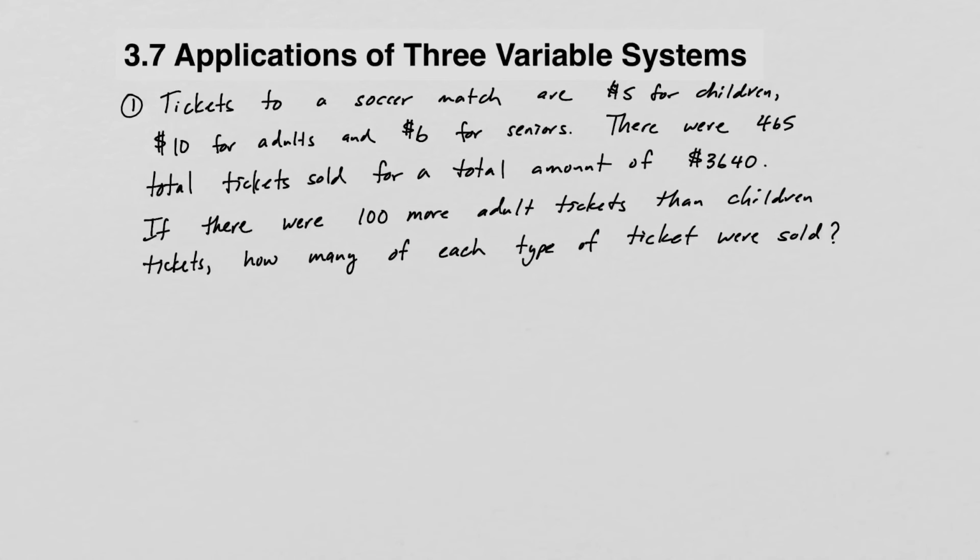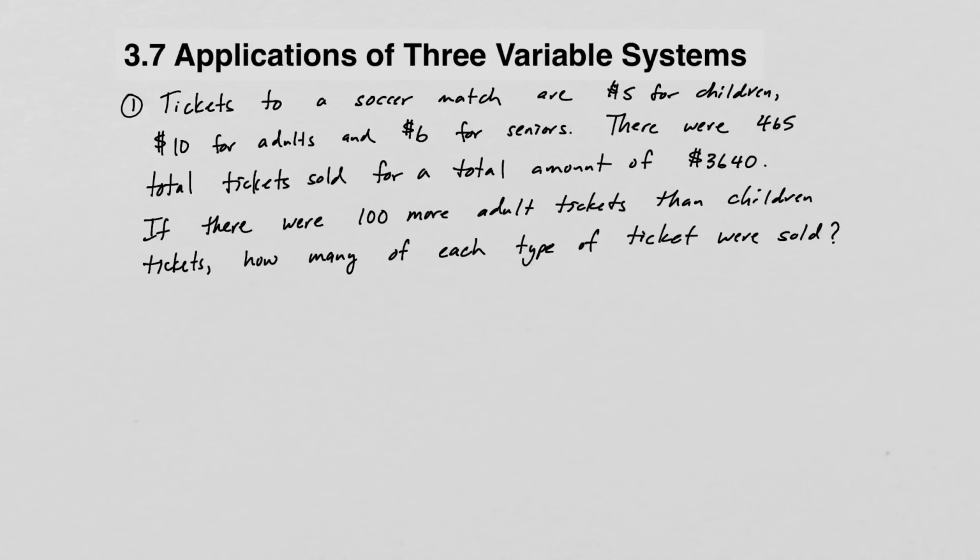So we're going to conclude with section 3.7, which is simply applications of 3 variable systems. So it's very similar to what we just did with 2 variables, except that now we have 3 variables. And so here's a problem. Tickets to a soccer match are $5 for children, $10 for adults, and $6 for seniors.